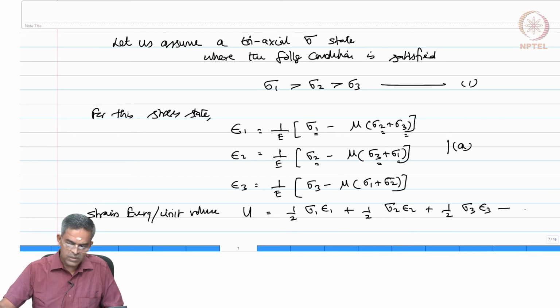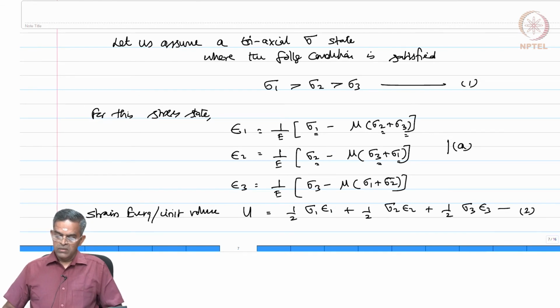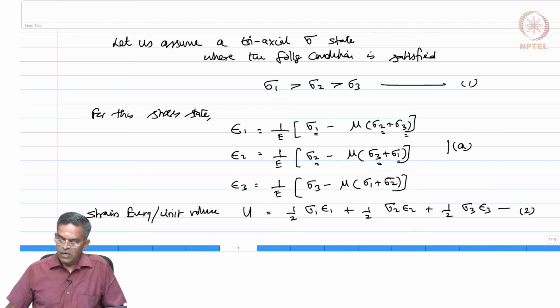I call this equation as 2. Now, I have the equation for the strains along 3 principal axes 1, 2 and 3, which is given by equation 1a. Let us substitute 1a in equation 2 and see what happens.